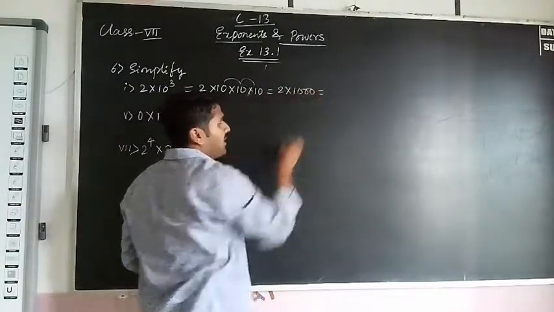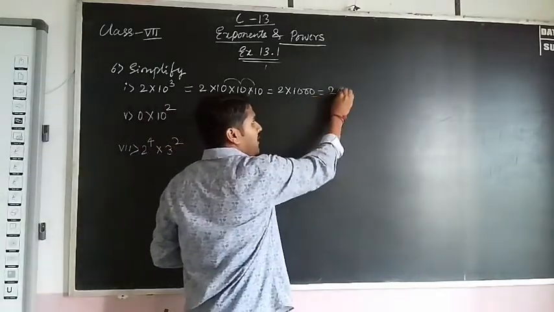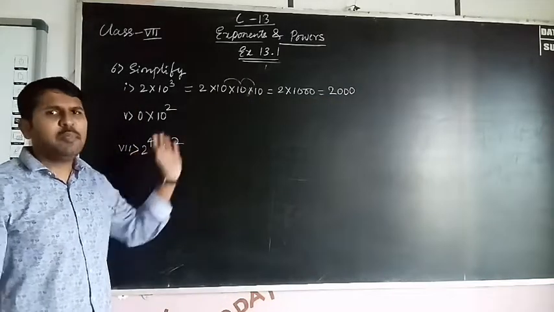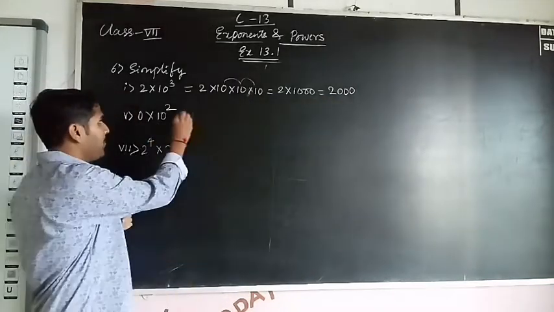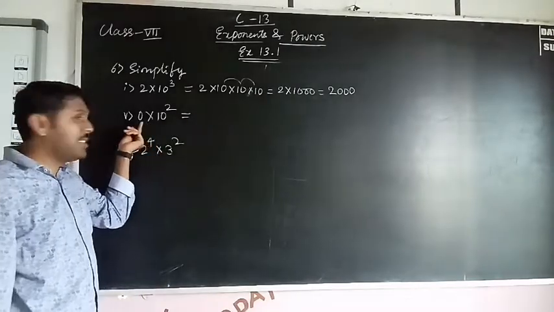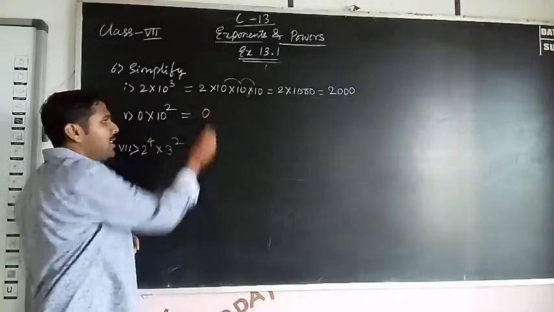So what will we get as the answer? 2 into 1 is 2, remaining 3 zeros as is. So answer is 2000. This is the simplification, just a multiplication. Next here 0 into 10 raised to 2 is there. If you multiply 0 with any number, the result will be 0 only. So answer is 0.